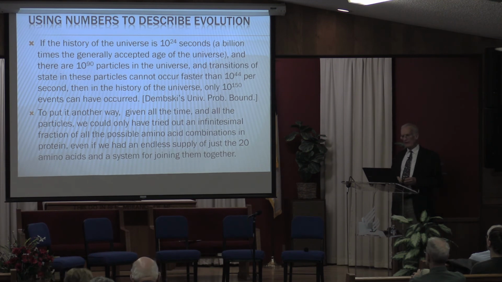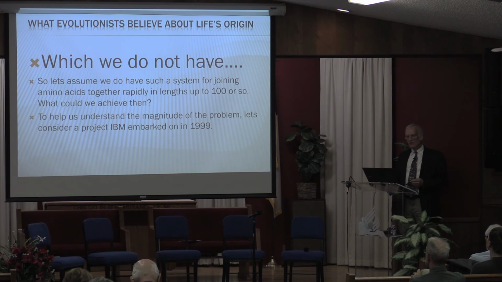To put it another way, given all the time and all the molecules, we could only have tried out an infinitesimal fraction of all the possible amino acid combinations in protein. Even if we had an endless supply of just the 20 amino acids and a system for joining them together, which we do not have.